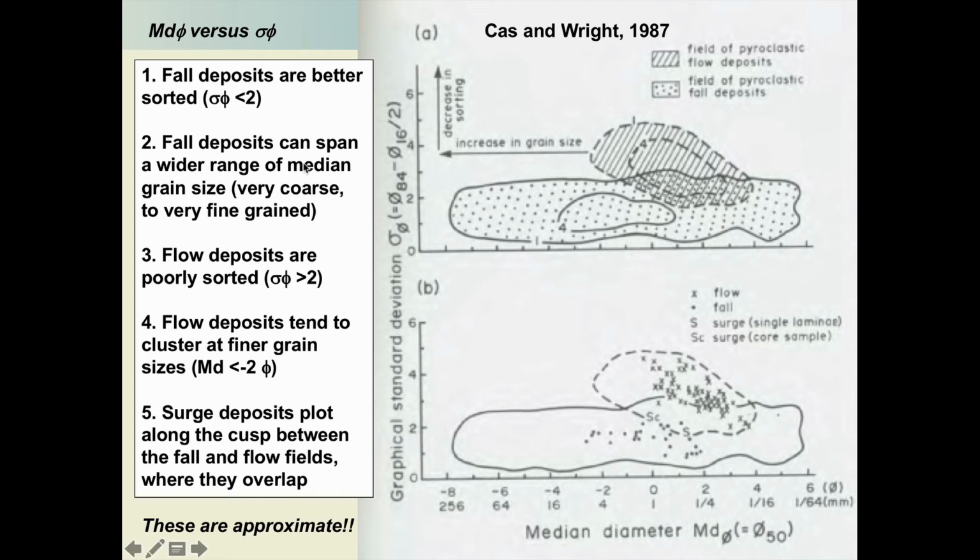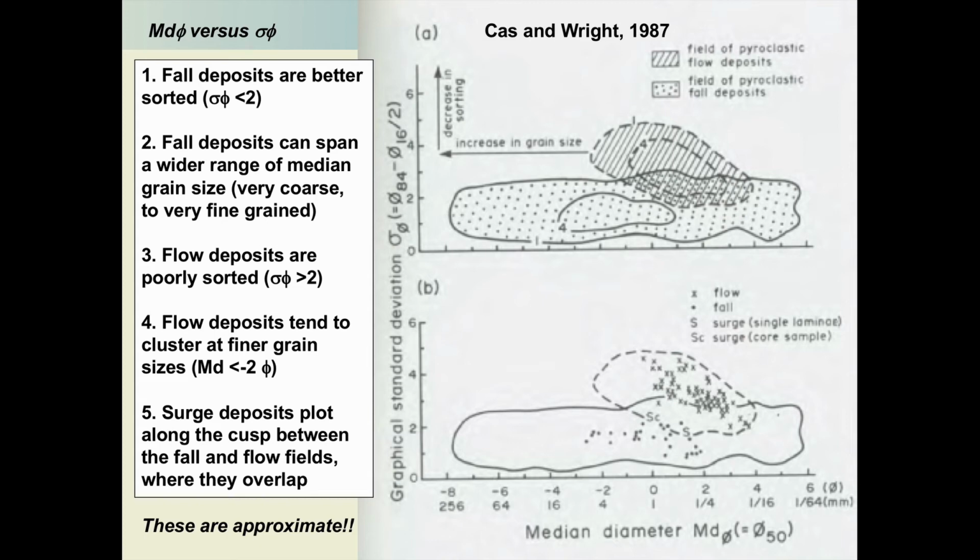So fall deposits are better sorted. They typically have a graphical standard deviation less than 2. Fall deposits can span a wider range of median grain sizes, from very coarse to very fine grained, but each individual deposit is well sorted. Flow deposits are typically poorly sorted. They have a graphical standard deviation that's greater than 2.